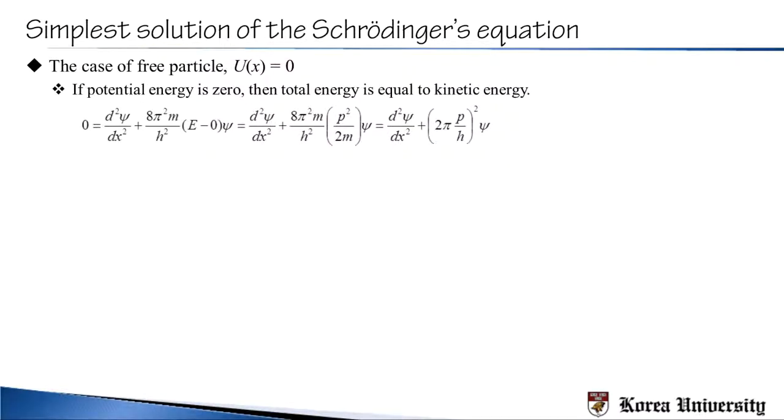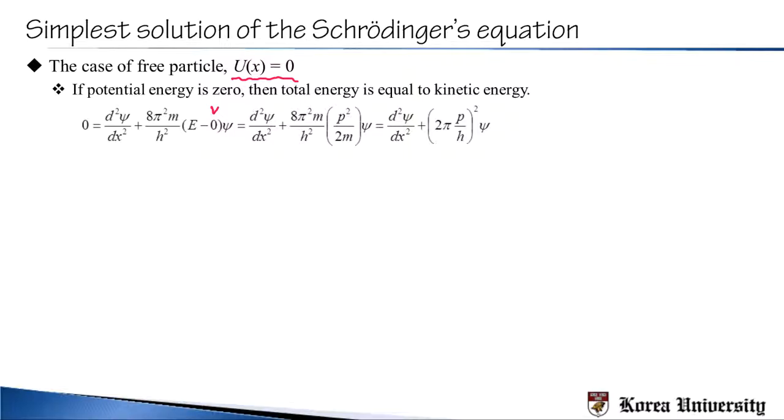As a last item in this chapter, we are going to solve the Schrödinger equation in the simplest possible case. The difficulty of solving the Schrödinger equation depends on what kind of potential you have. And of course, the simplest case means that the potential is simply 0. So in this case, we can simply insert 0 in the potential term.